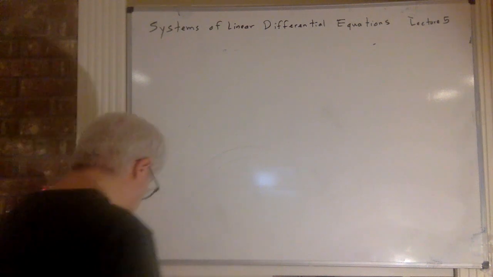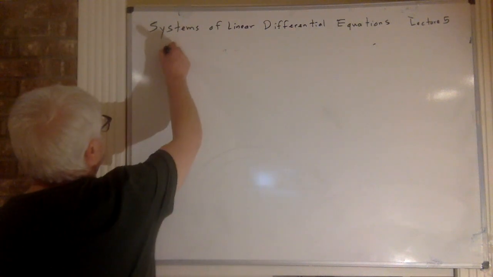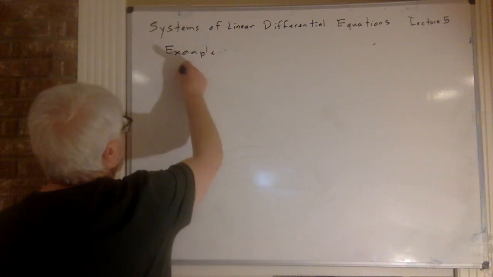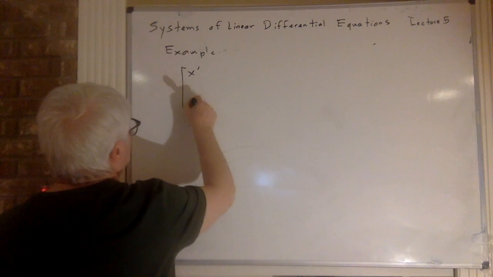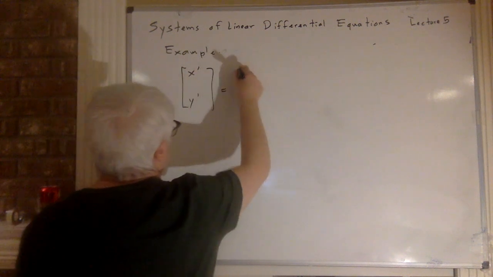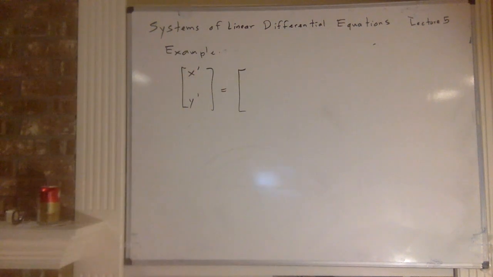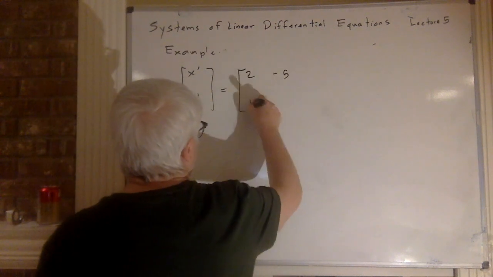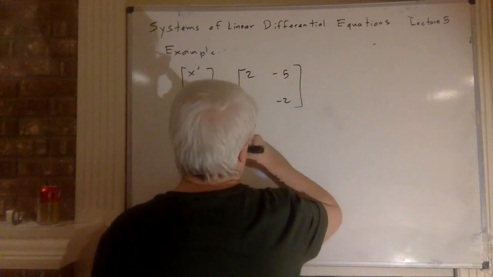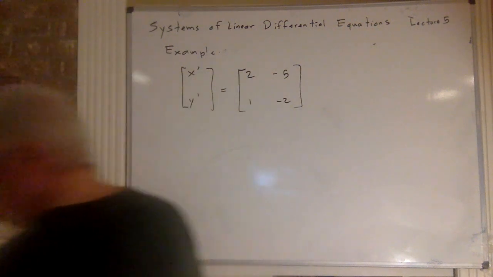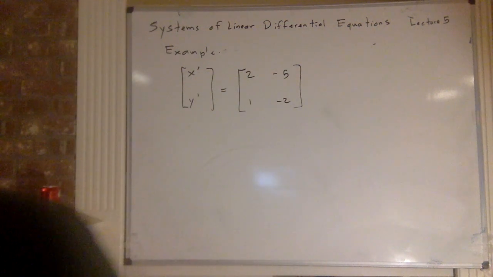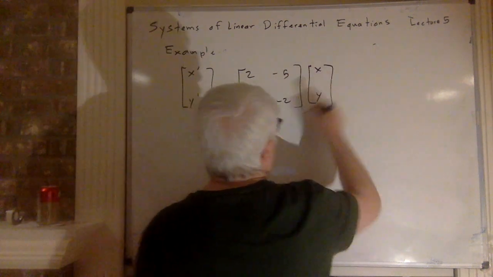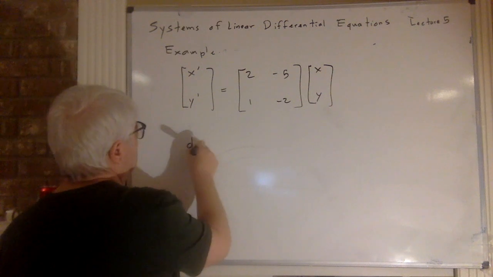So this one is an x prime, y prime example. I can write it here: x prime, y prime is the matrix 2, minus 5, 1, minus 2, times x, y. Okay, let's find eigenvalues.